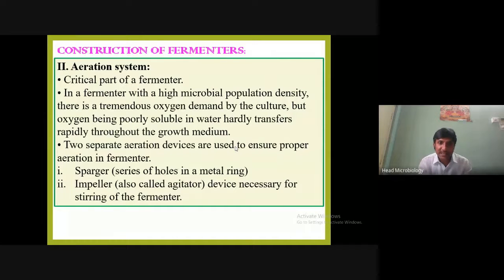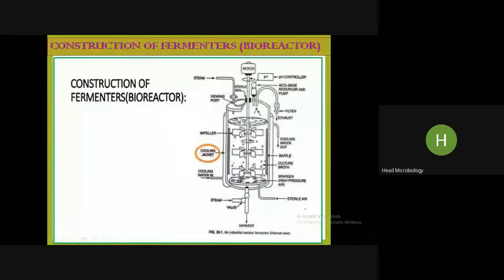In the aeration system, there are spargers and impellers. Impellers are fan-like structures that rotate in the fermenter. When they rotate, circulating and mixing, they generate oxygen in the fermentation process.